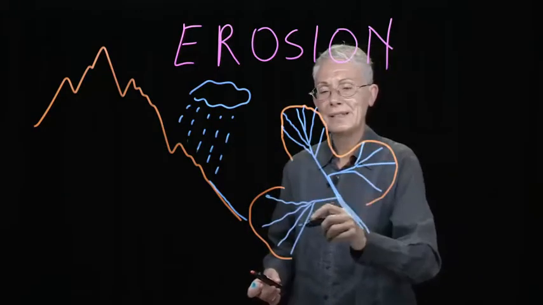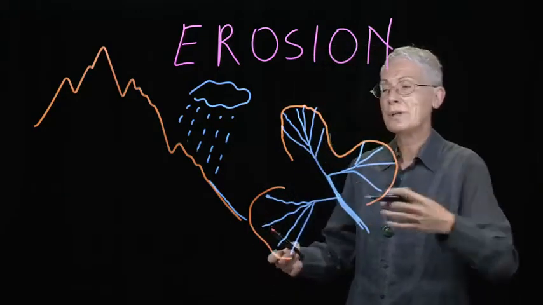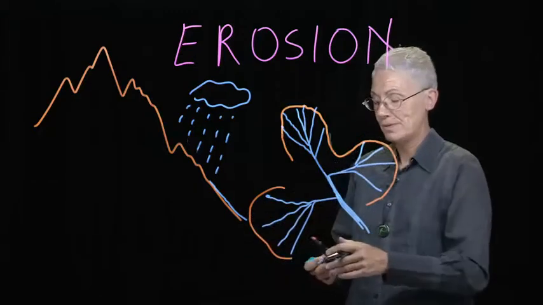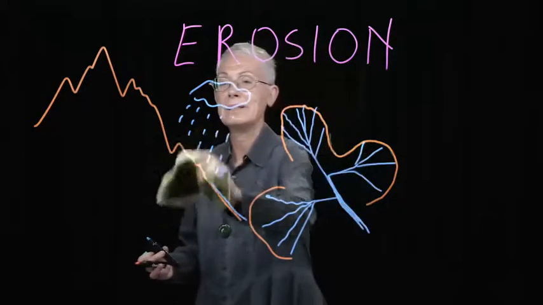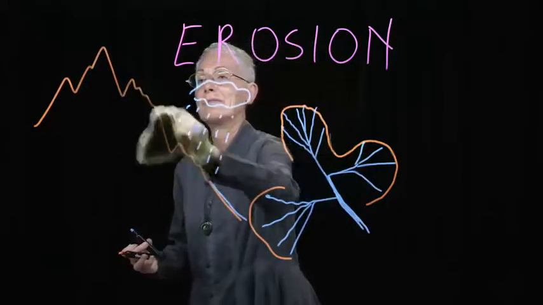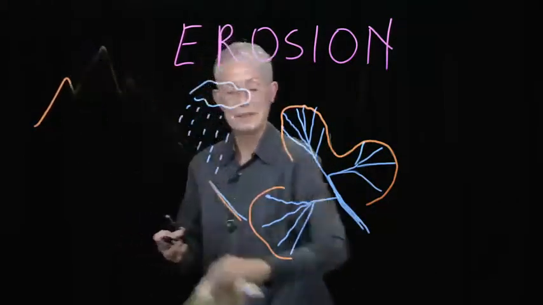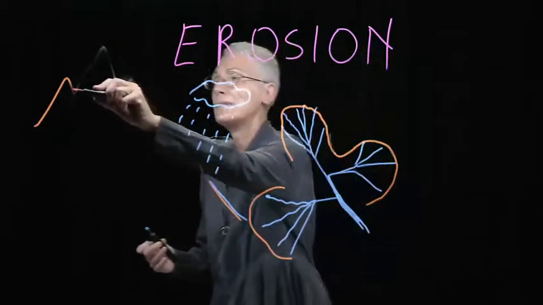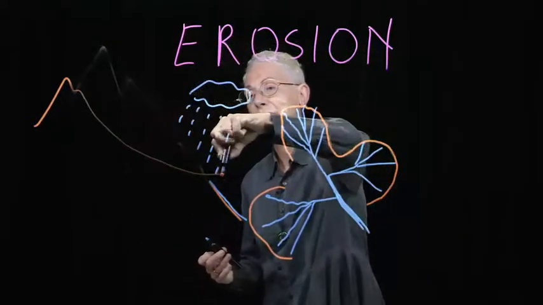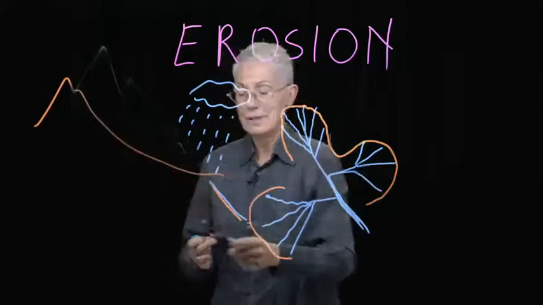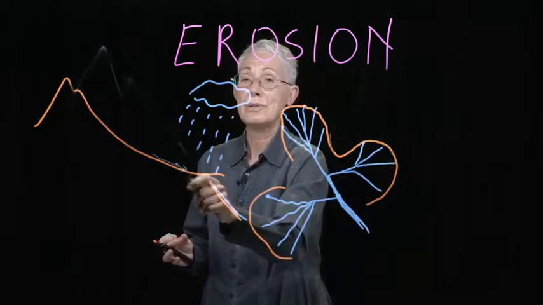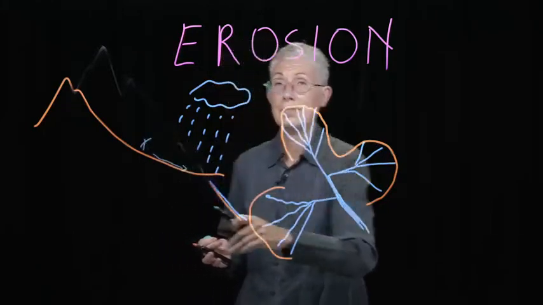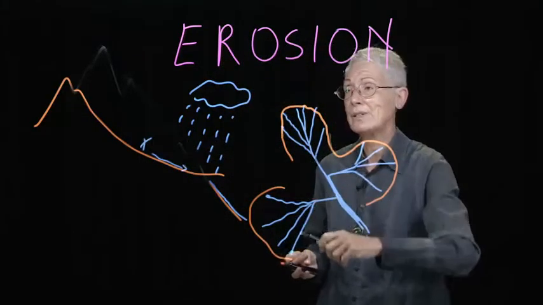And by the time it gets into a more gentle slope, so the mountain, now we are far away from the high slope of the mountain, we have a gentle slope. The velocity of the water will be slower than here because the slope is more gentle.